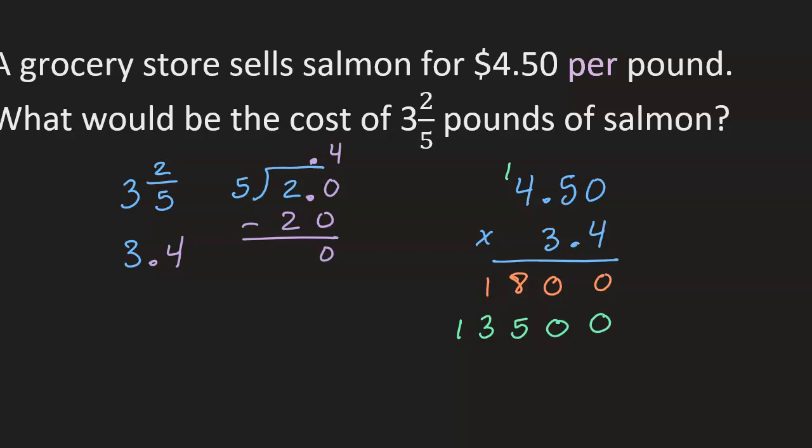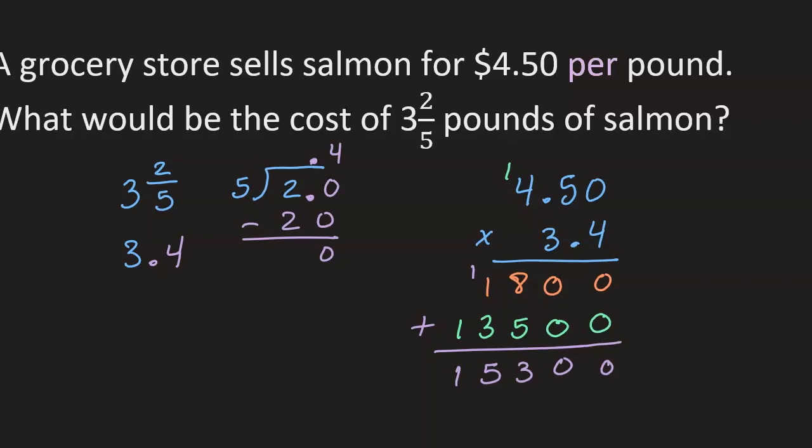And then we need to take these two rows of numbers and add them together. 0 plus 0 is 0. 0 plus 0 is 0. 8 plus 5 is 13. 3 plus 1 is 4, plus another 1 is 5. And 1 plus nothing is 1.